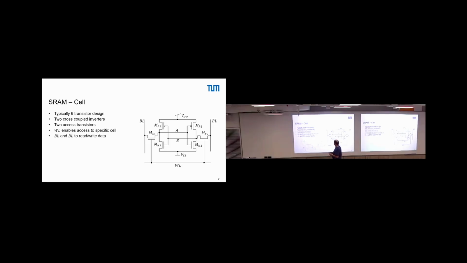To make it more visible, we can draw this once like this. Here is our transistor with output node VB and Vin. And we had the second transistor in the other direction effectively, with the output VA and Vin.